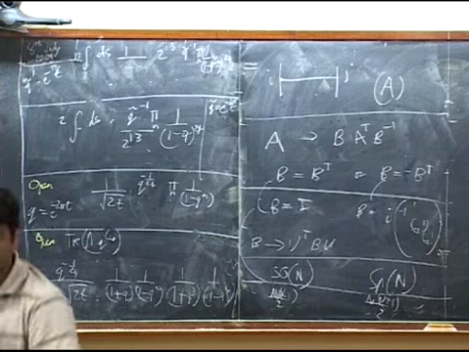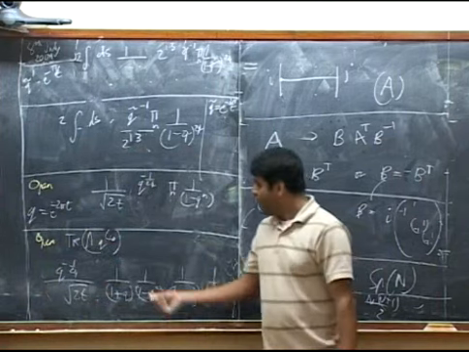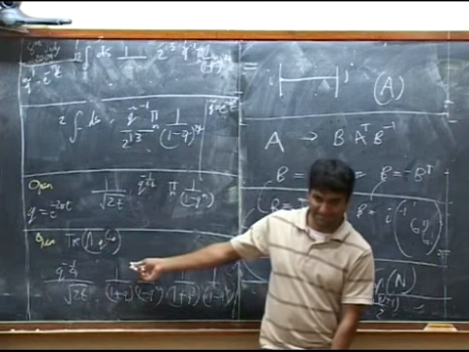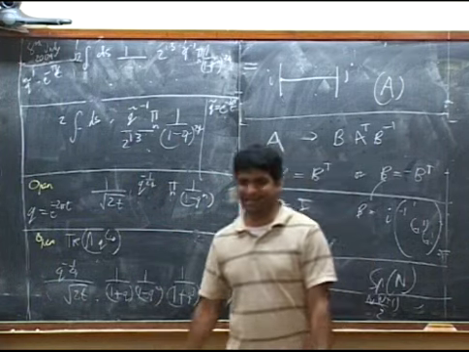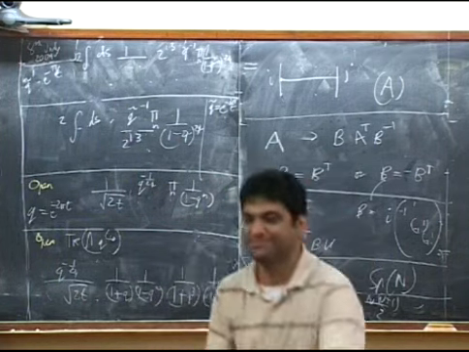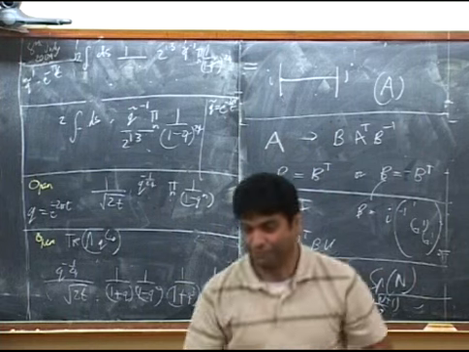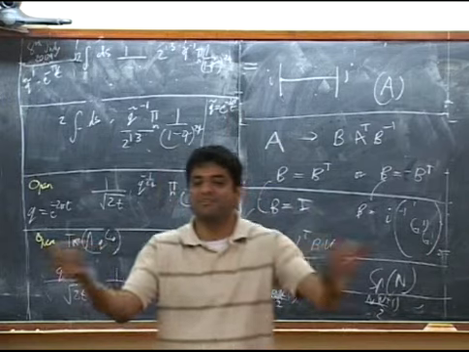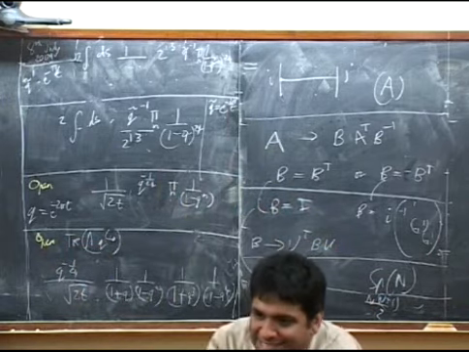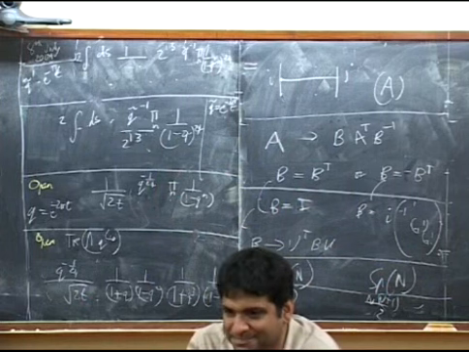So now we have to calculate this trace. We've done the trace over the oscillators, but we must also do the trace over the Chan-Paton sector. At the level of this cylinder conformal field theory, there's no interaction between the Chan-Paton indices and the oscillator indices, so the trace is a product of traces.